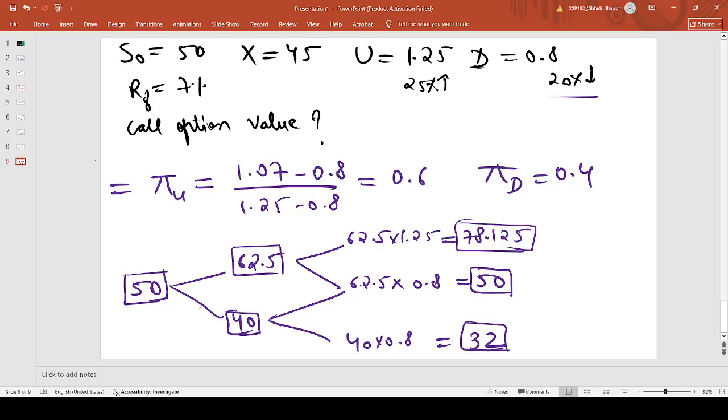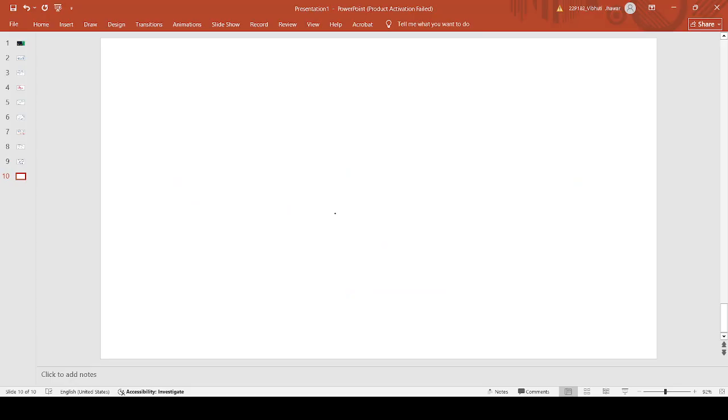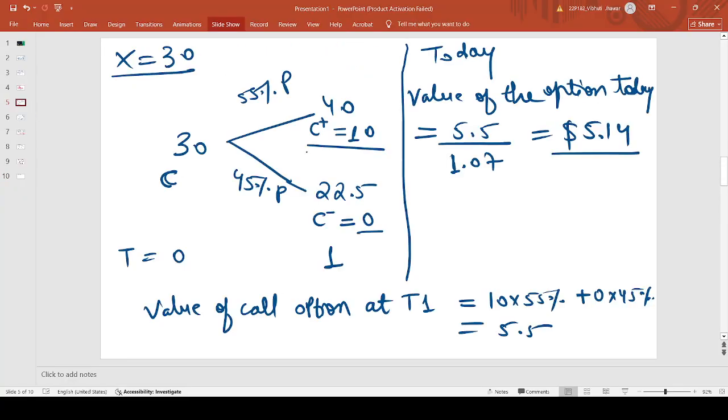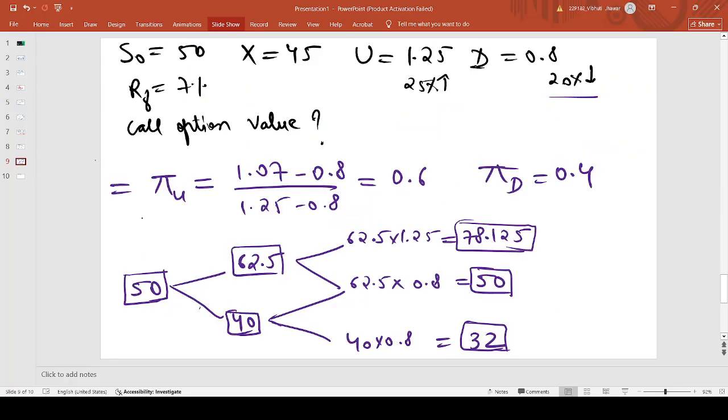Now, the value of the option at expiry. Like in the one period model, where we calculated the value of the option at t equals 1, that means at expiry, and then discounted it to the present day, here also a similar thing will happen.